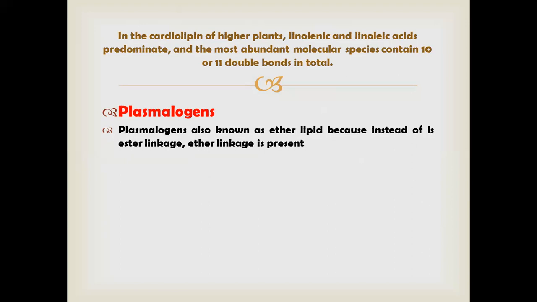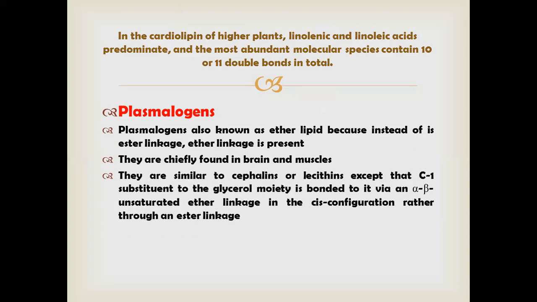Plasmalogens, also known as ether lipids. Why do we call it an ether lipid? Because instead of an ester linkage, an ether linkage is present in plasmalogen. Plasmalogens are chiefly found in brain and muscles.